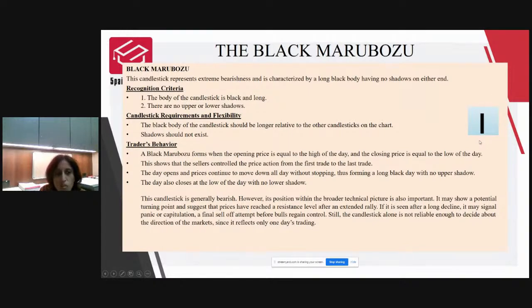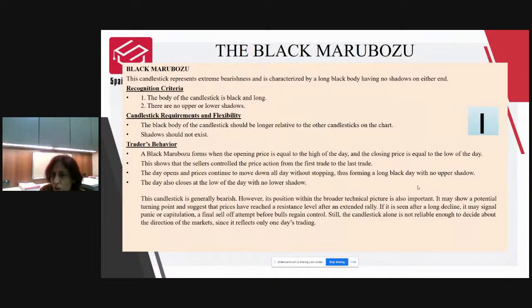The day also closes at the low of the day with no lower shadow. So technically, what does it mean? It means that the sellers are overtly aggressive, and the market sentiment is very bearish.